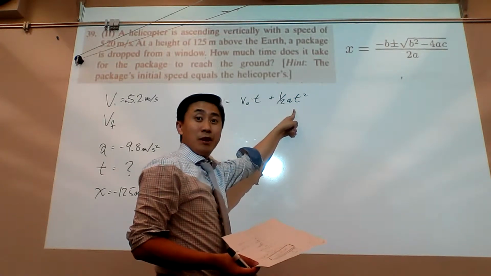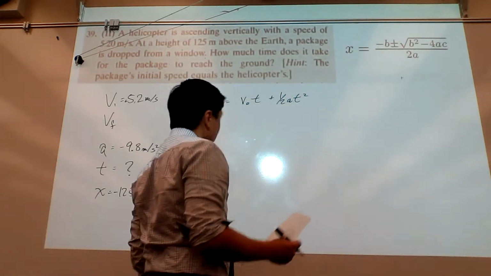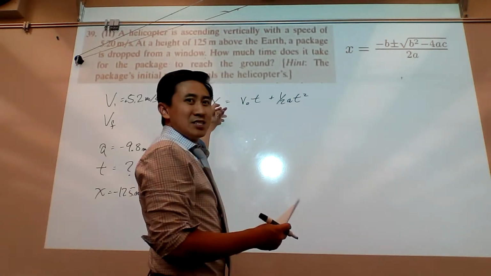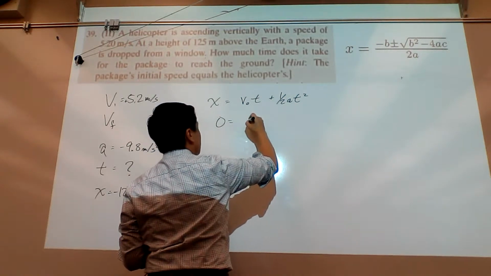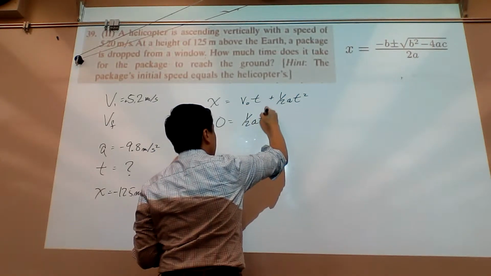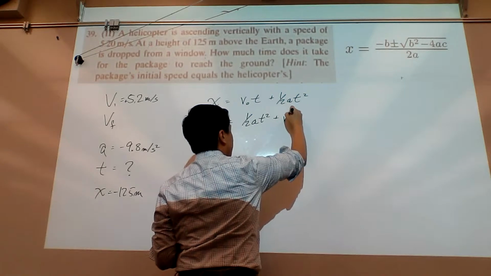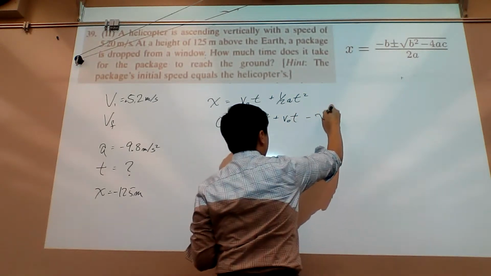Let's at least set it to 0 so we can use quadratic: 0 equals 1/2 a t squared plus v naught t minus x.